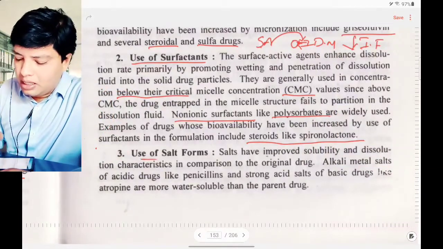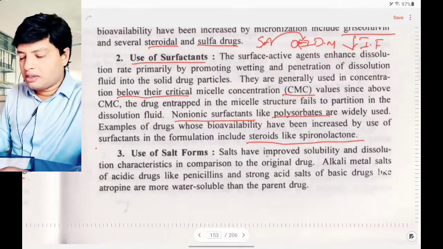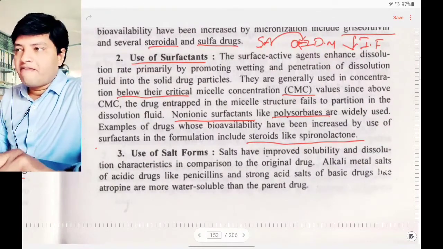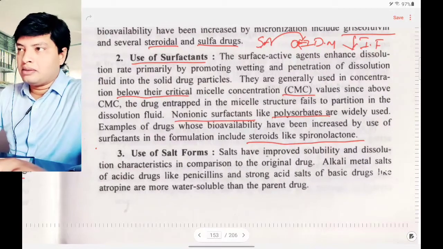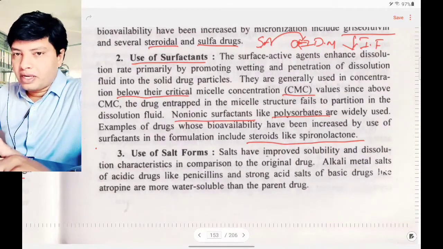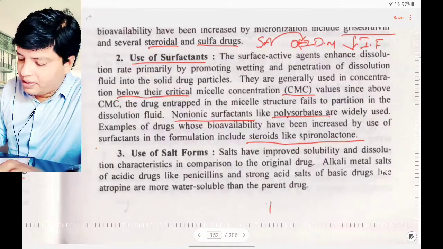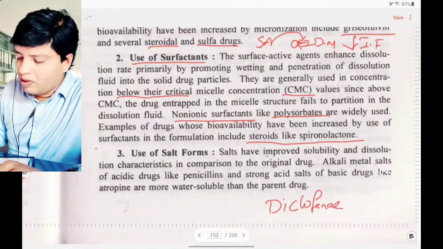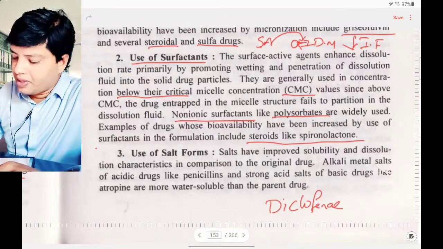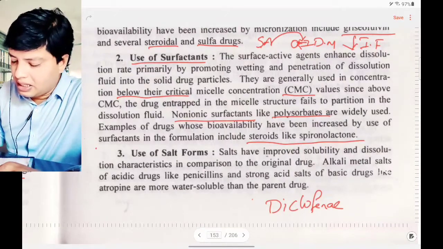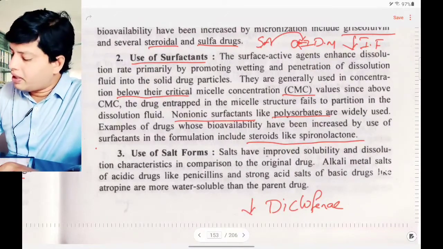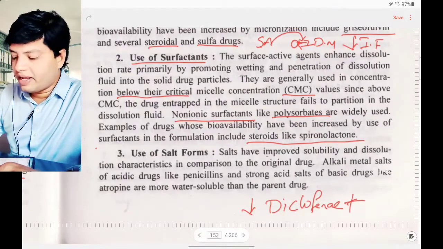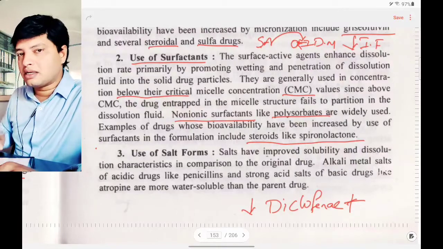Next is use of salt form. Let's say you have an original drug whose solubility is less. If you use the salt form of the drug, for example diclofenac. Diclofenac has less solubility. Diclofenac is a weakly acidic drug.